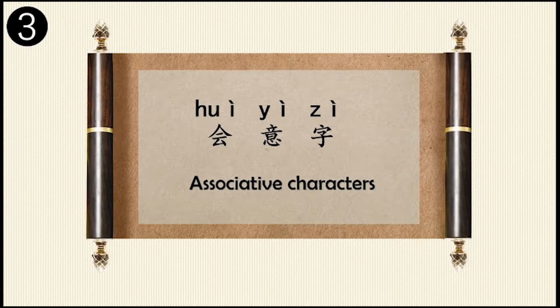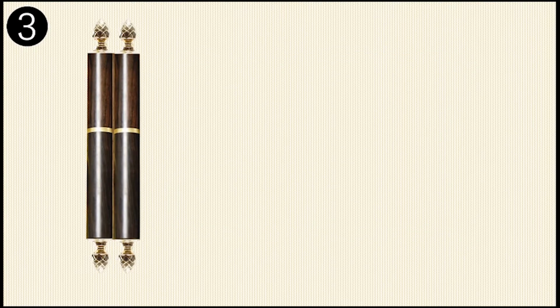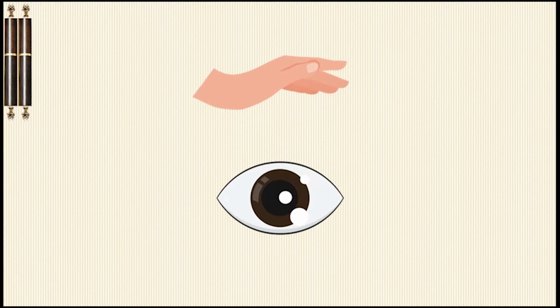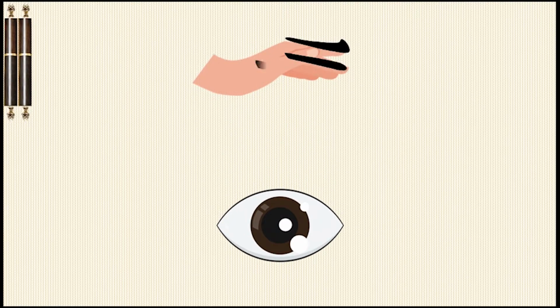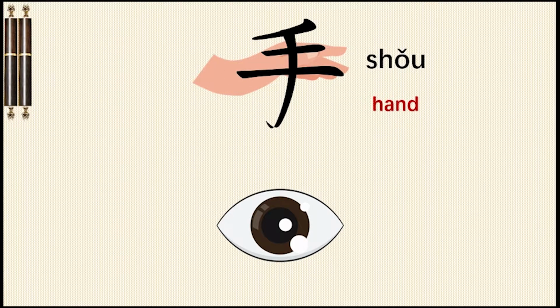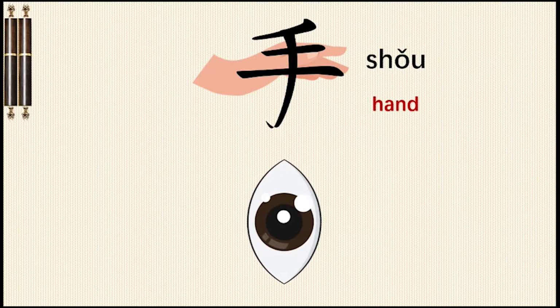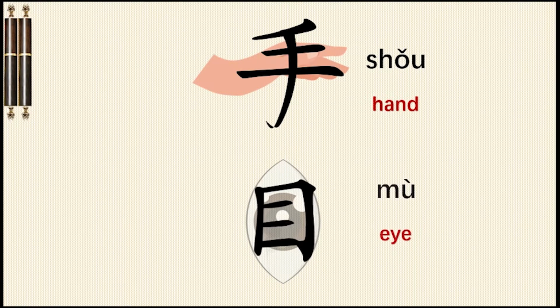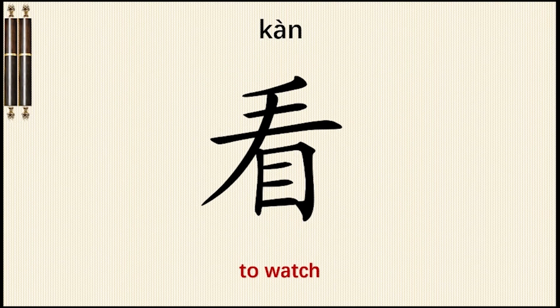Ancient Chinese people were so clever as to work out the idea of putting 2 or more pictographic characters side by side to describe an action, a process, or something abstract. For example, 手, 目, 看.